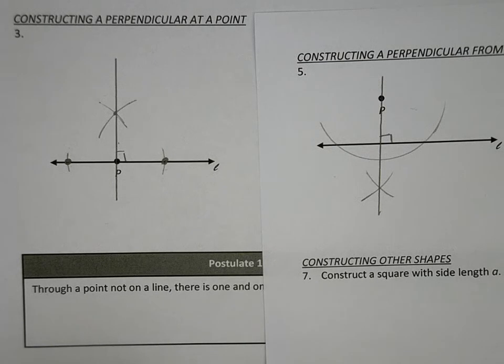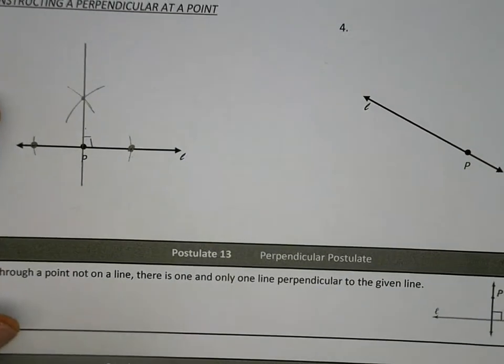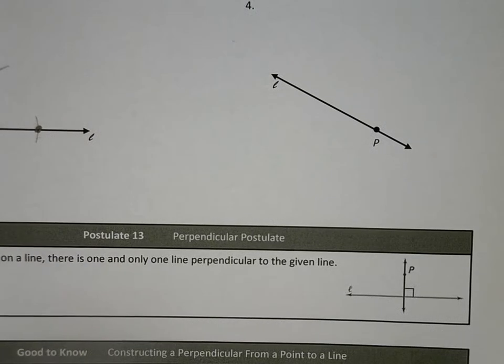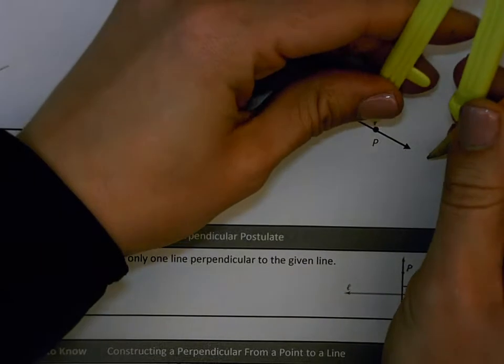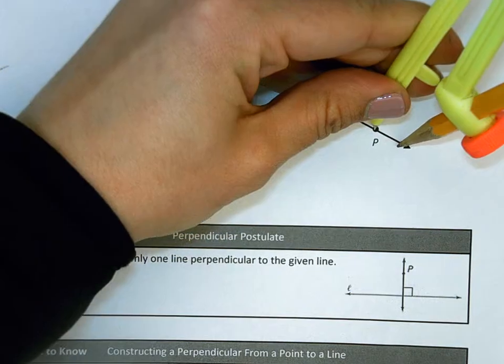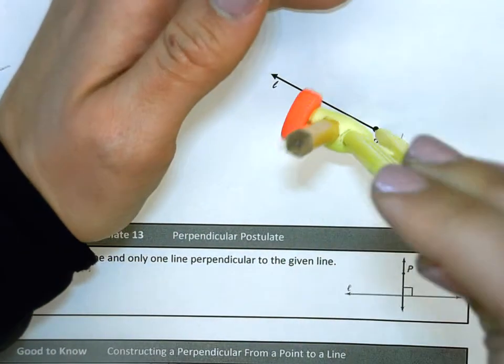Okay, you guys ready? Okay, I'm going to go do these really quick. So number 4, we have to start by making a segment so that we have endpoints to go from. So my compass is going to be kind of small on this one, and I'm going to do a point and a point.